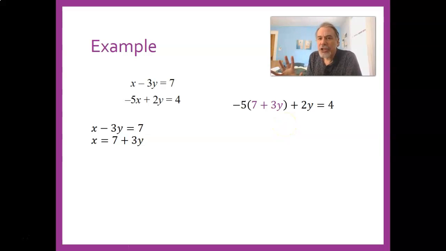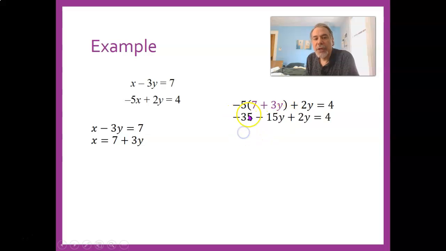And my strategy that I like to use for solving equations like this, if there are parentheses, get them out of the way first. So I would use the distributive property to multiply this out. Negative 35 minus 15y plus 2y equals negative 4.